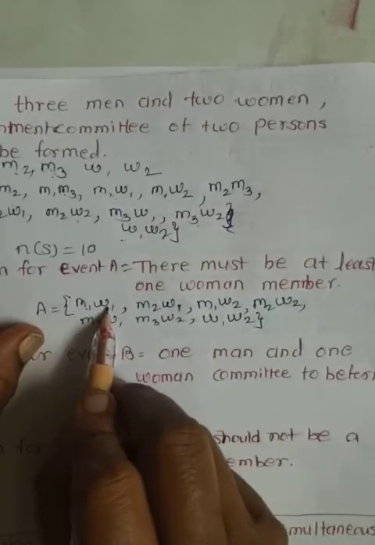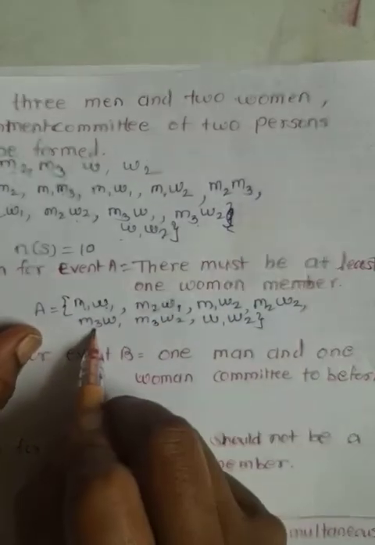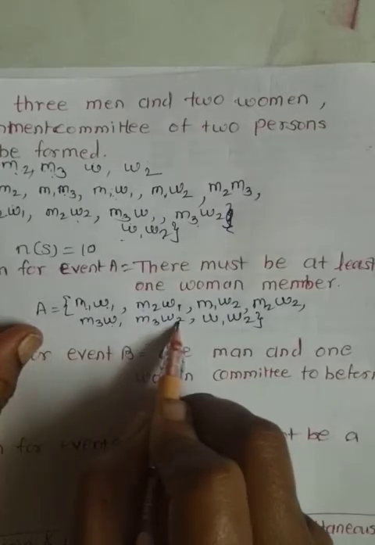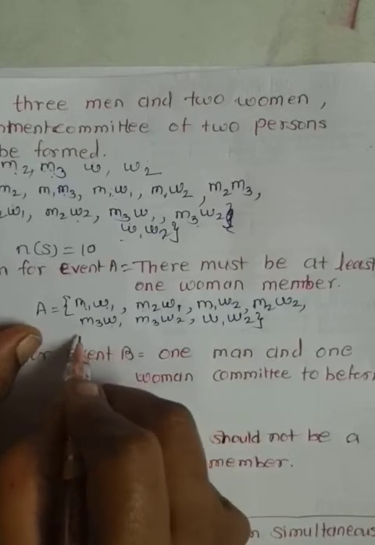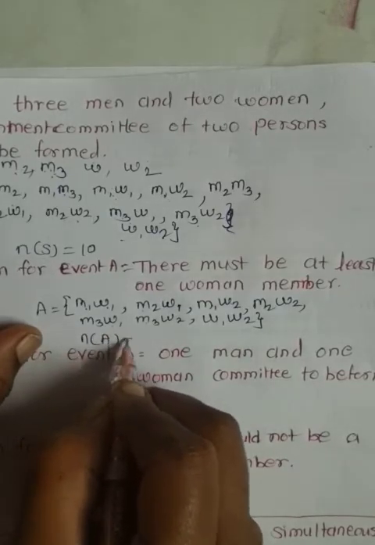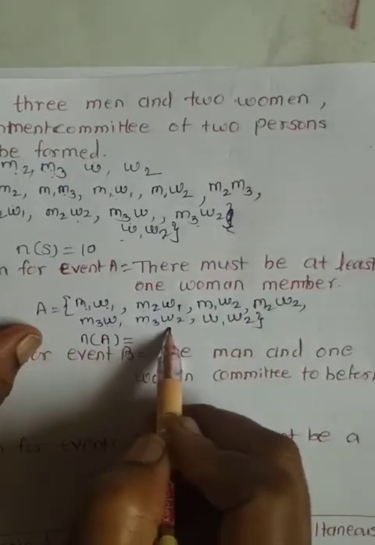Number of A is equal to 1, 2, 3, 4, 5, 6 and 7.